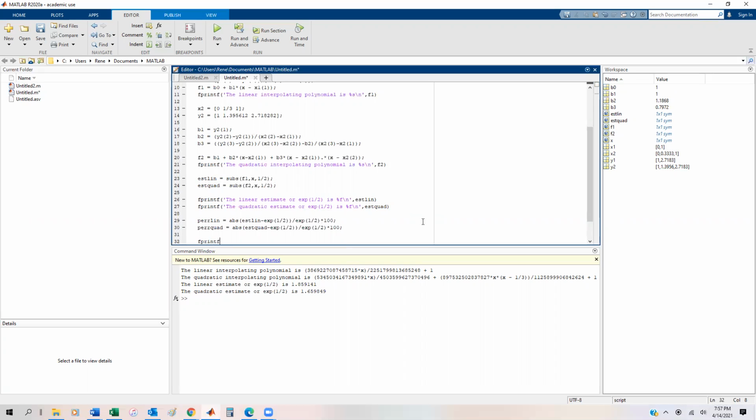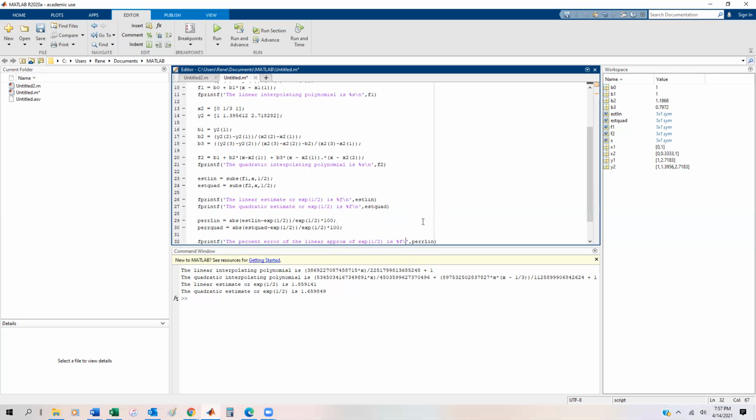Okay, so fprintf, we're going to say a percent error of the linear approximation of e to the 1/2 is %f, and we're going to call P error lin.